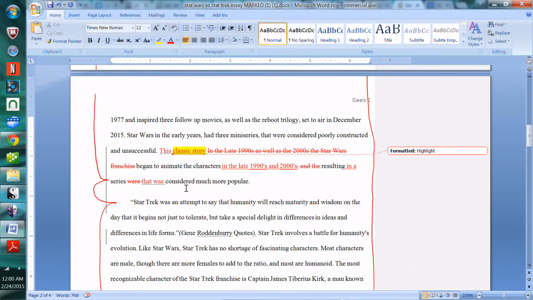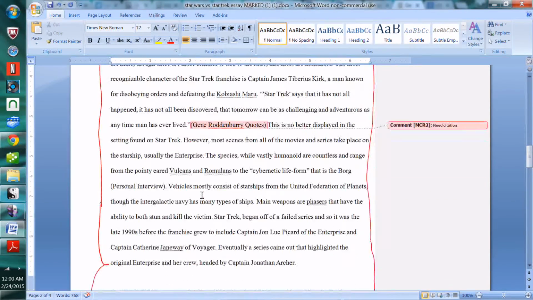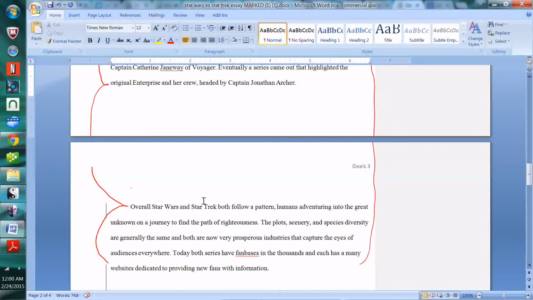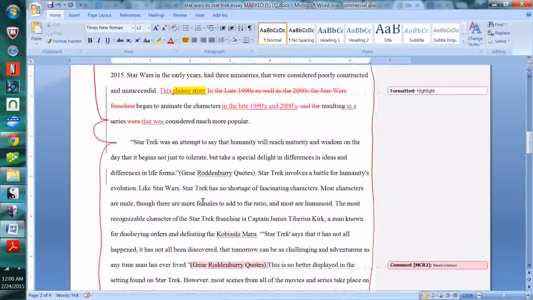So we may have to add a sentence here since this is a quote. And I don't know when it became popular. I'm looking for your timeline here. Okay, I don't see you said anything about its popularity.